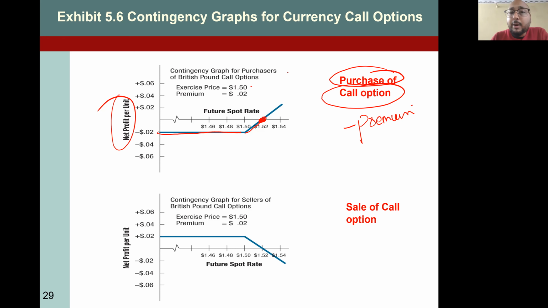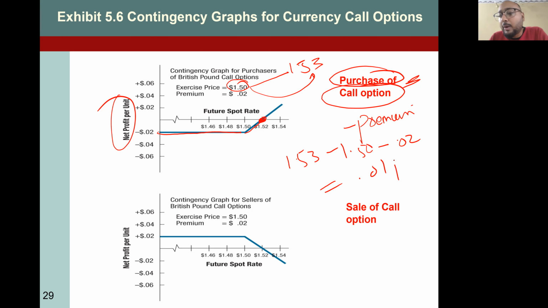If the market price exceeds 1.52 to 1.53, then the buyer has a right to purchase from the seller at 1.50 and sell in the market at 1.53, and after the premium they have paid, get 0.01 profit.